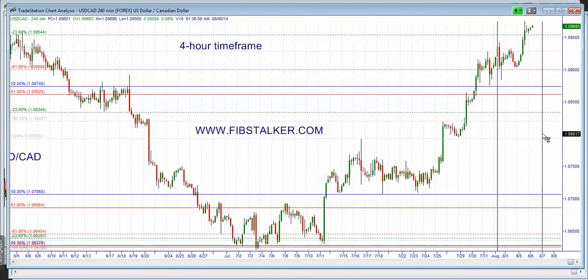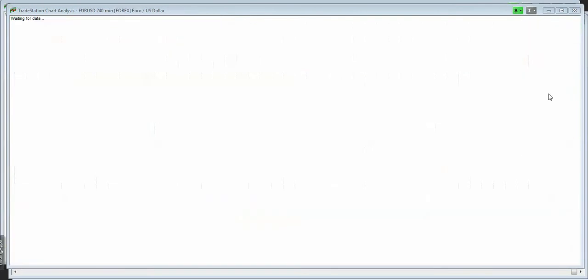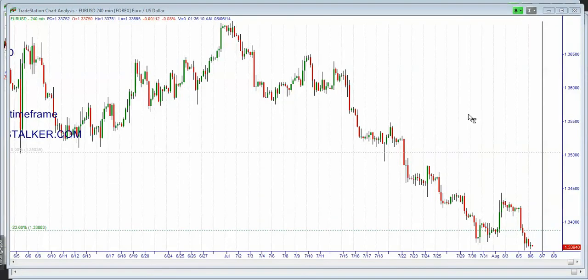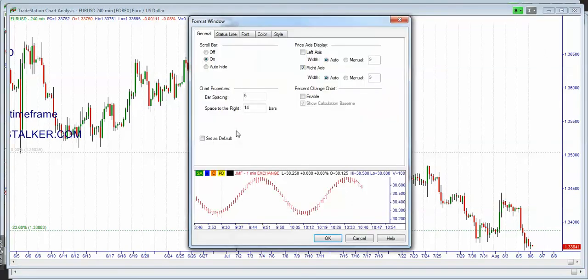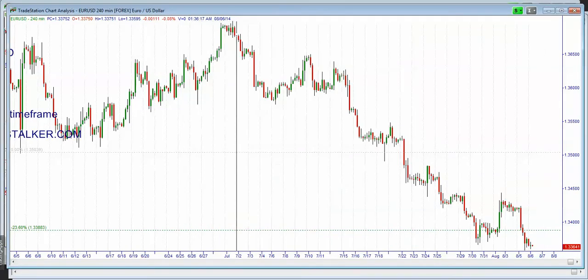Would it be possible to identify this before the fact? Not easy. One input was given by the euro dollar, and the euro dollar just continued lower on a well-formed extension short.